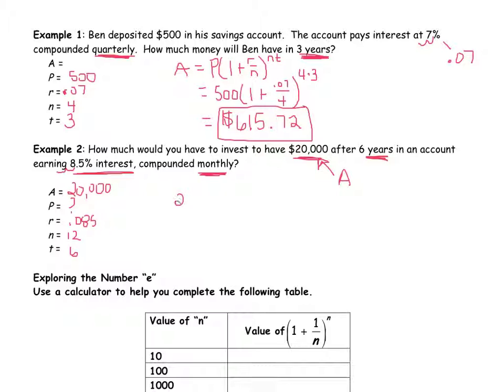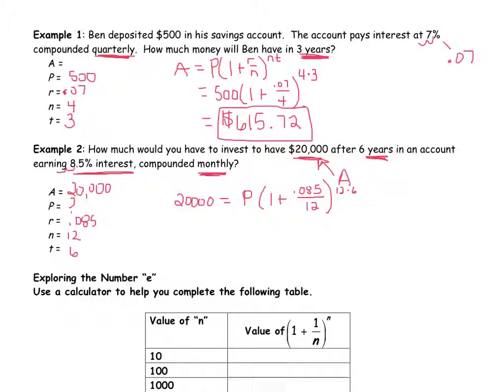It would be $20,000 equals P is what we're going to try to find, so I'm going to call that P. And then we have 1 plus 0.085 divided by 12. And then we're going to raise that up to the NT, which would be 12 times 6. And that's going to be our exponent.